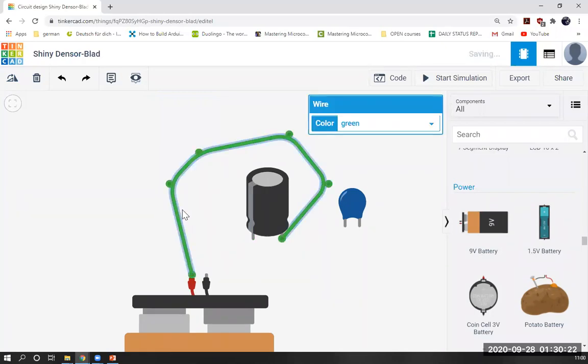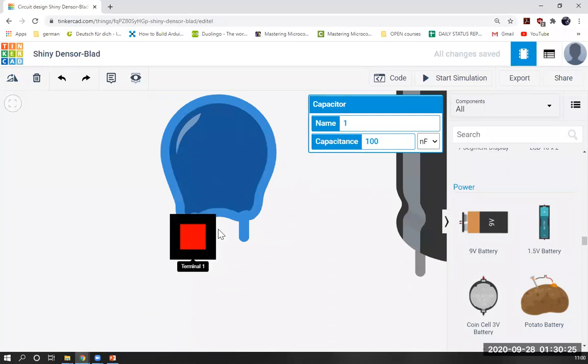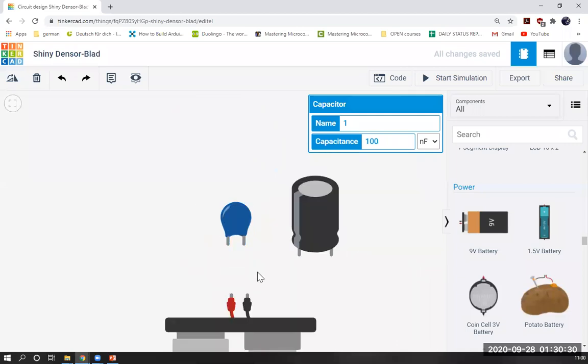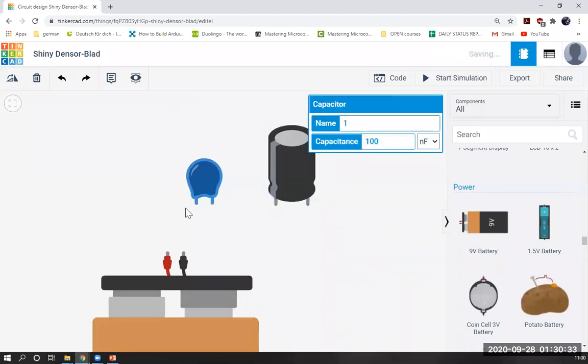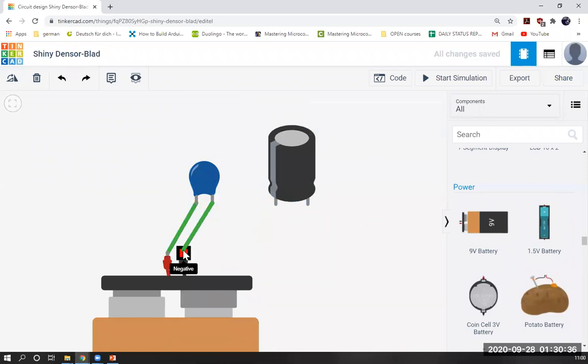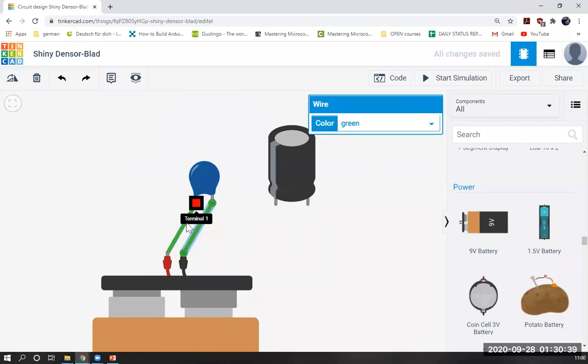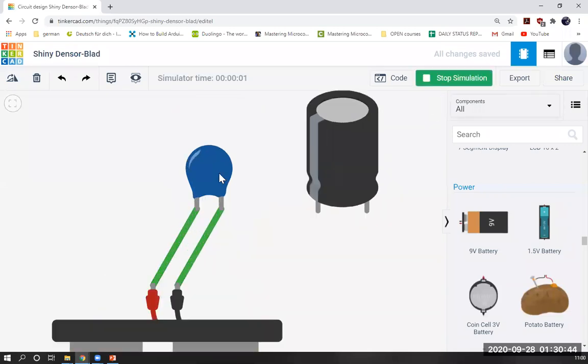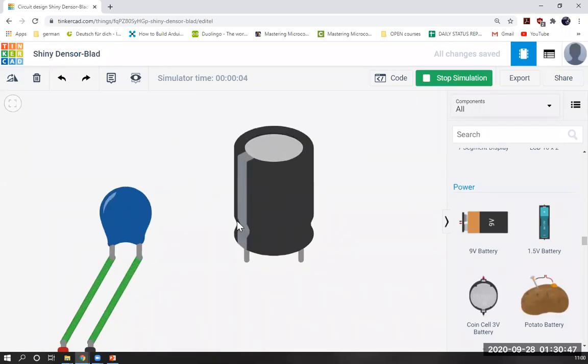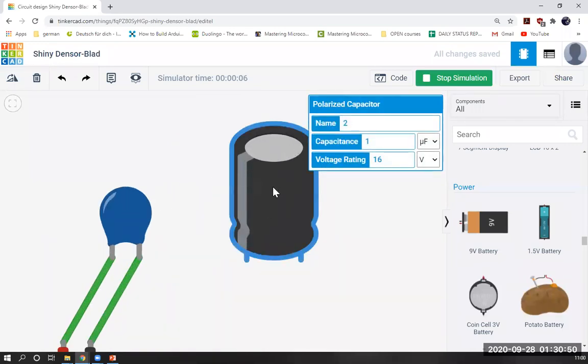And the other capacitor is this one. This one only has terminal names, which means it doesn't have to be connected in a particular way. You can connect any terminal to any pole. You can connect terminal 1 to positive or negative; you don't have to worry about the connection. But in the case of this type of capacitor, you have to worry about the connection. You can see here is this strip, and this strip tells us this is the negative side.